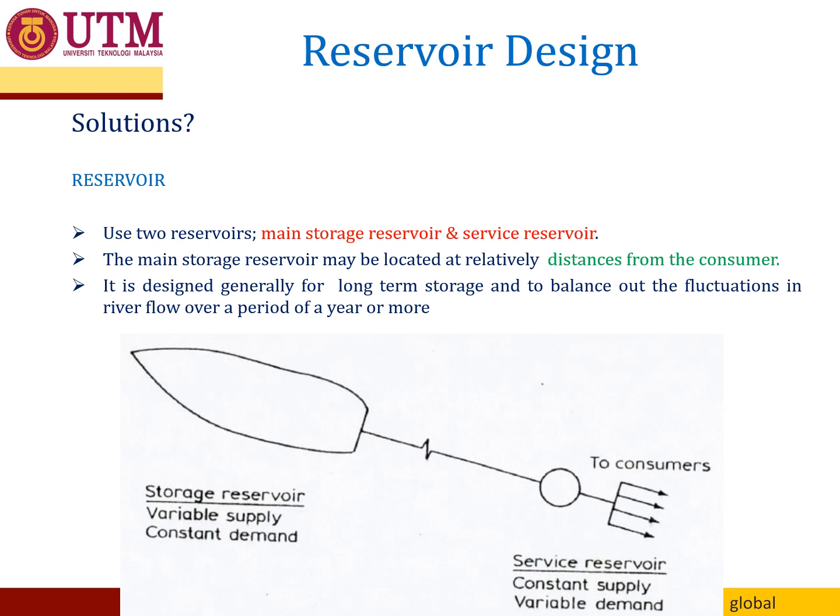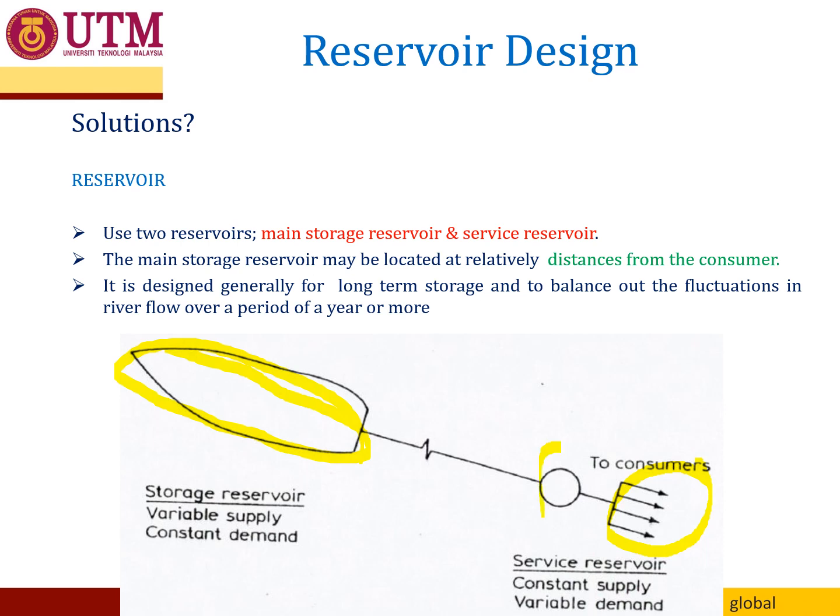Okay, so for water supply, there will be two types of reservoir, main storage reservoir and service reservoir. For example, here the main storage reservoir may be located relatively far from the customer. Here is the main storage reservoir, further than the consumers. So let's say here are consumers, and there will be a service reservoir.